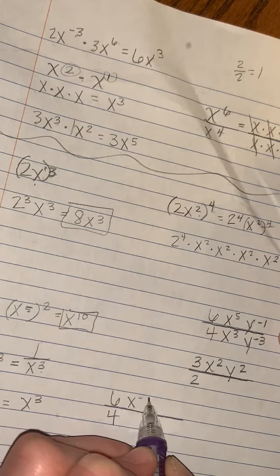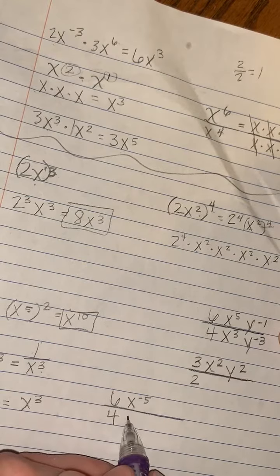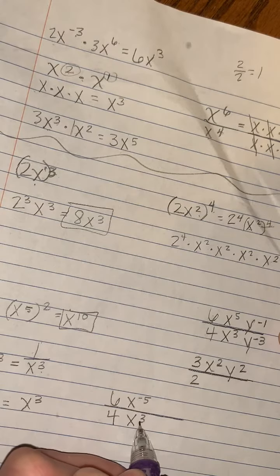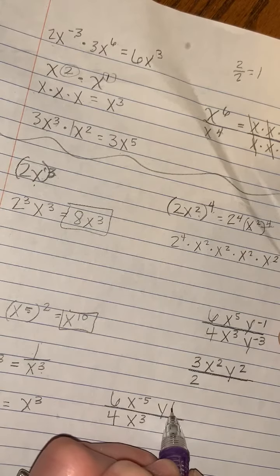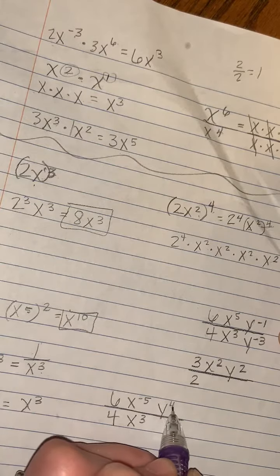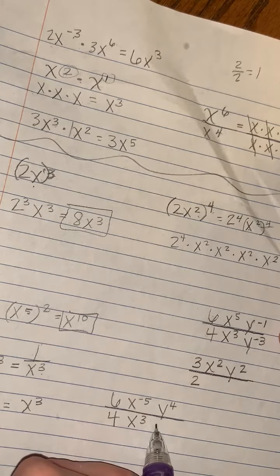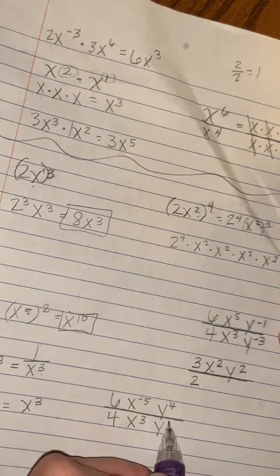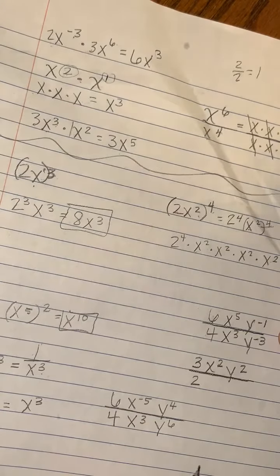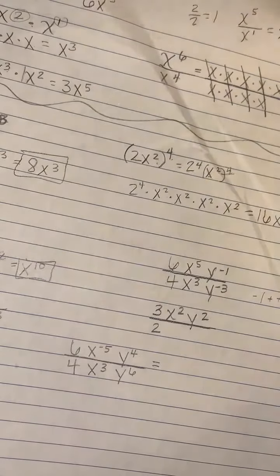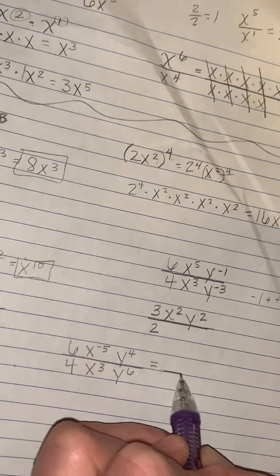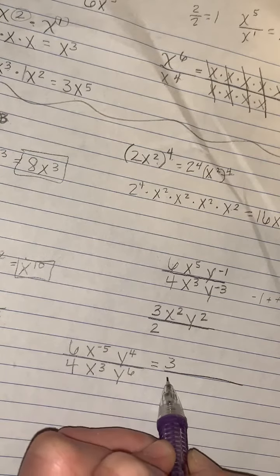Let's do x to the negative 5th, x to the 3rd, and we'll do y to the 4th over y to the 6th. Let's do that. If we have this, we already know that 6 over 4 simplifies to 3 over 2. So I'm going to go ahead and do that.